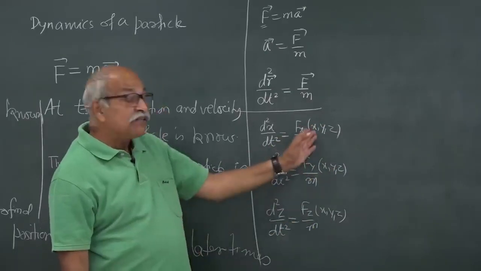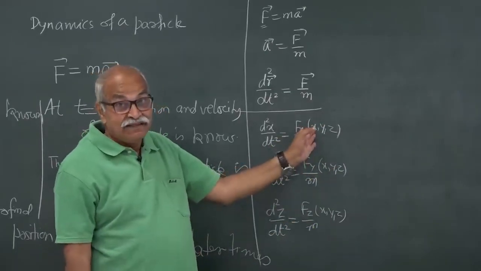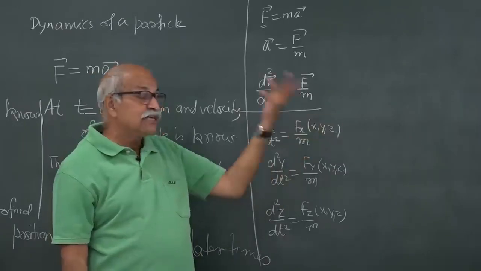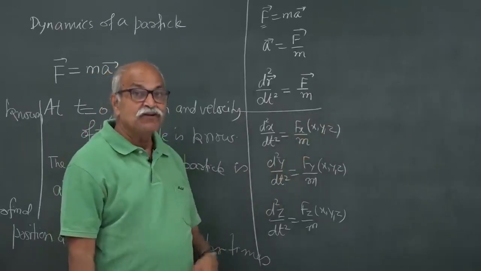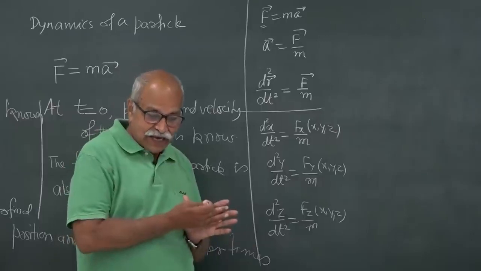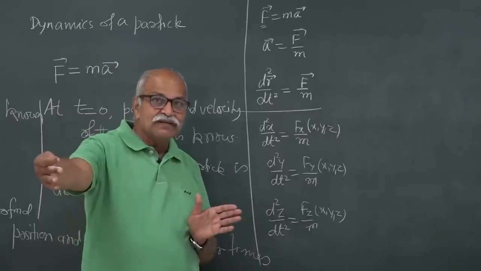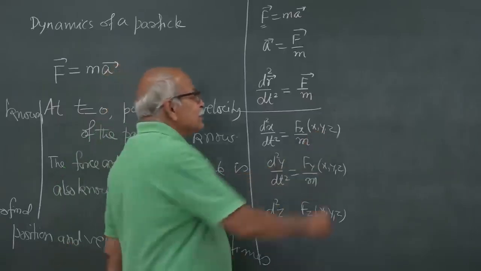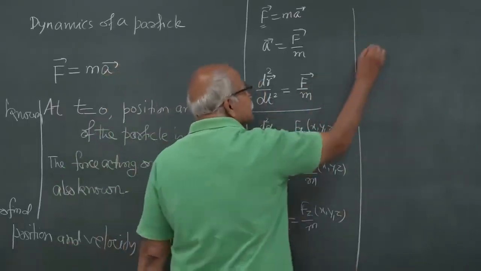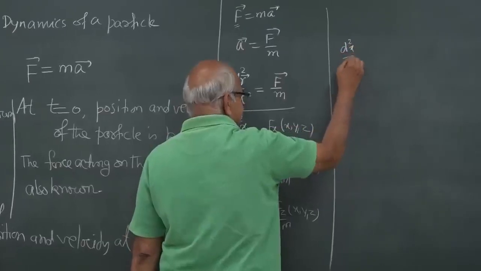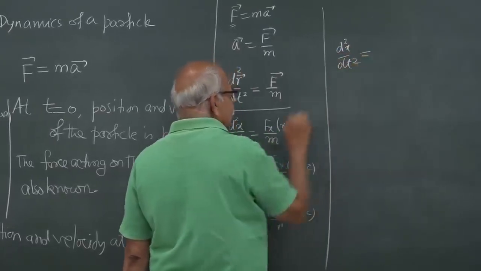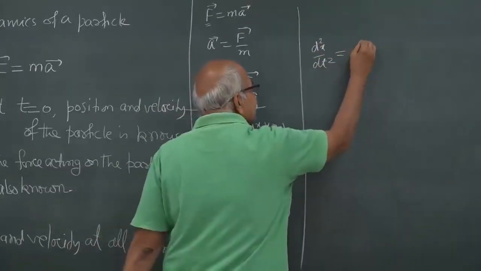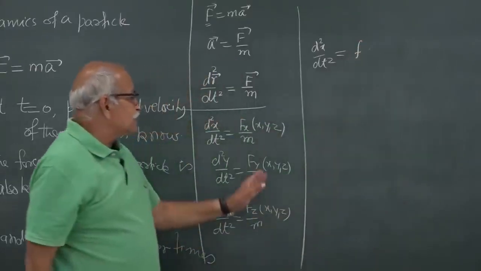If it so happens that it does not depend on x y z or t, it is constant, or during the entire motion of the particle we are interested in, this force is constant. Then life is very, very simple. d2x/dt^2 is equal to a known function Fx by m. This is constant, right? We start with constant force.